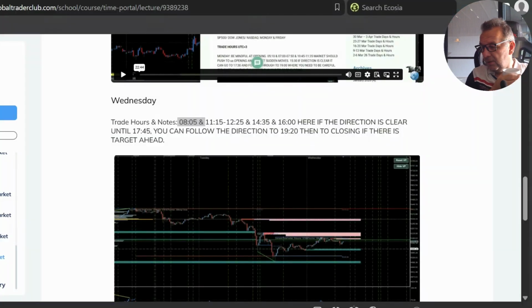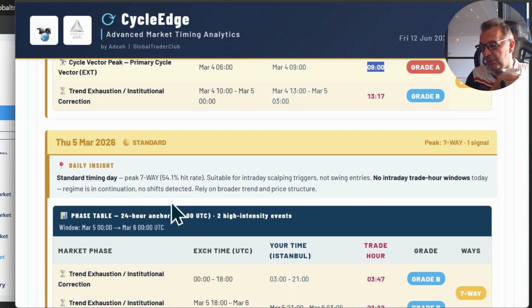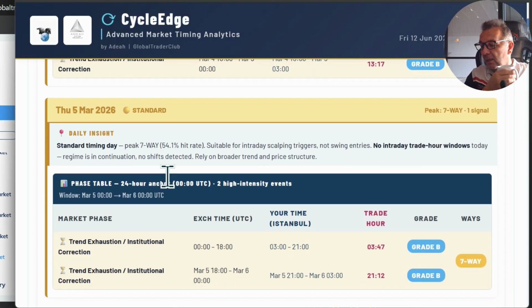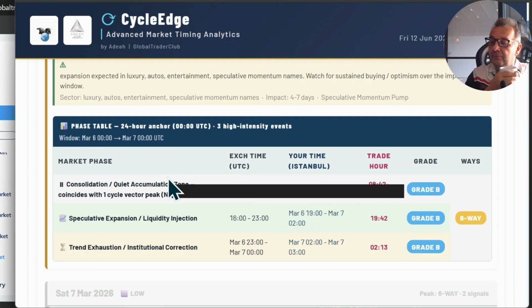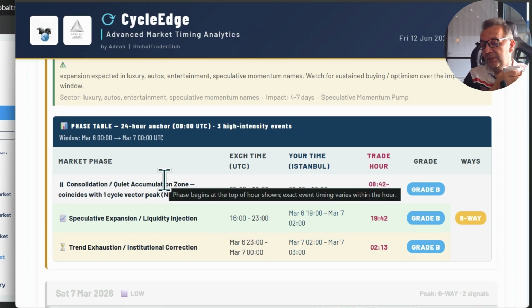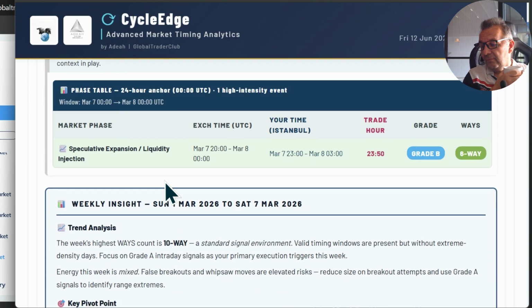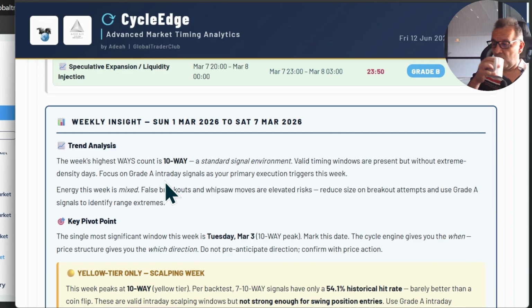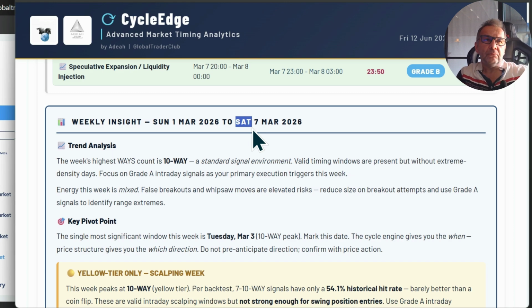What else? Let's take a look at Edge. Let's just go down the report so you guys know what I'm talking about. Now, as we scroll down, what are we going to see? We are going to see the weekly insight. Always starting from Sunday, ending on a Saturday. Okay, why? Well, it's not just because it's Bitcoin, but the bigger cycles, right?